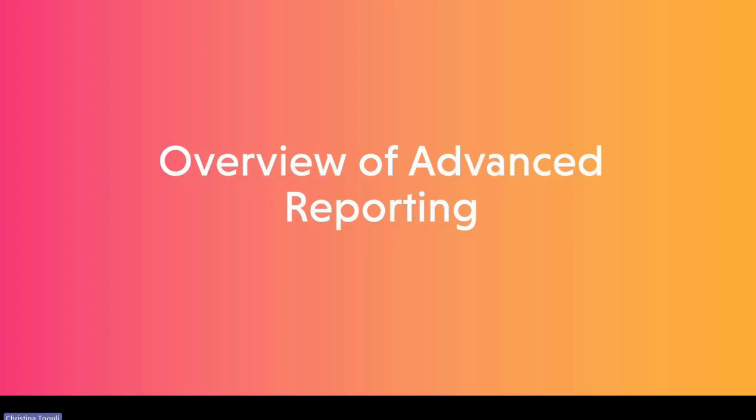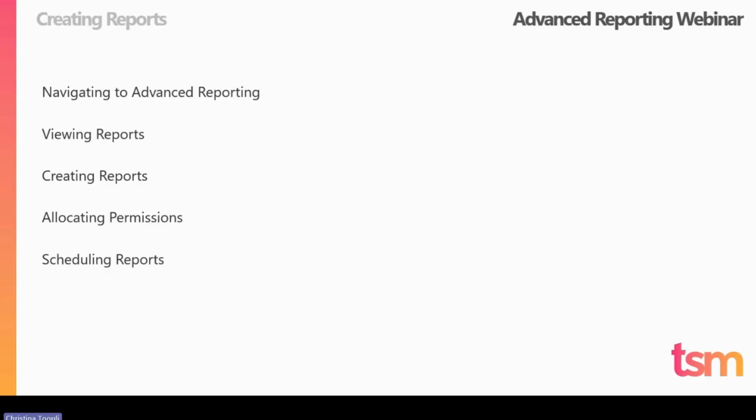So I'm going to go through an overview of advanced reporting. We'll go through navigating to advanced reporting, just where it sits on the menu, obviously replacing the traditional Proactis reports that would currently sit within a tab at the top of the screen. I'll show you how to navigate to the new advanced reporting option. If you've had it installed and you have permissions to it, then you'll be able to see that.